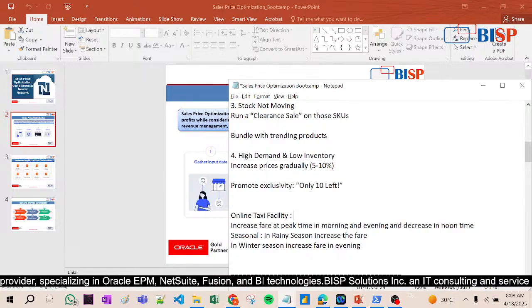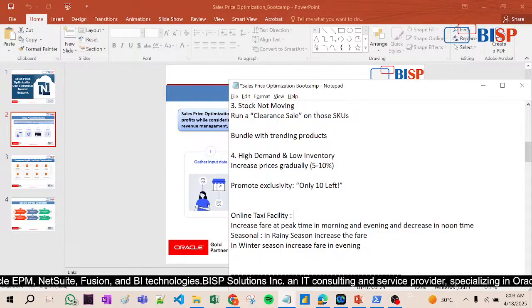Seasonal: in the rainy season most of the taxis increase the price a little, because they also have the weather forecast. For example, you are using one taxi application, say XYZ. You are using a weather forecast app, and they are also using a weather forecasting app, and they have complete information about what the forecast will be in a city after 1 or 2 hours.